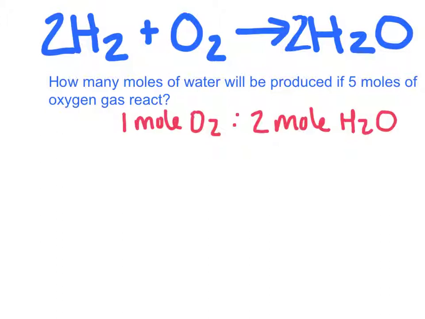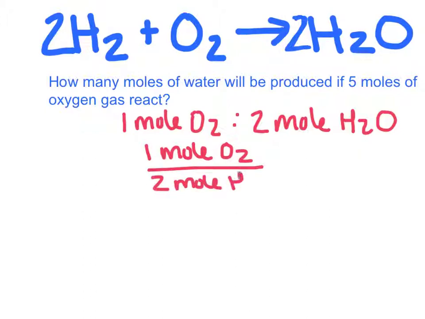And we learned that we should actually write it like this, okay, as a fraction, and saying those 2 amounts are equal. So I need to keep this ratio intact, okay? I always need to have twice as many waters as oxygens, but it's telling me that I'm actually starting with 5 moles of oxygen gas.